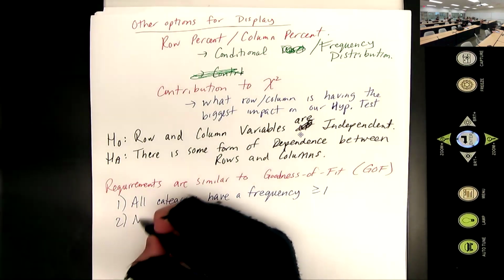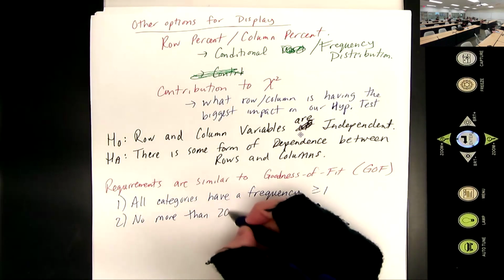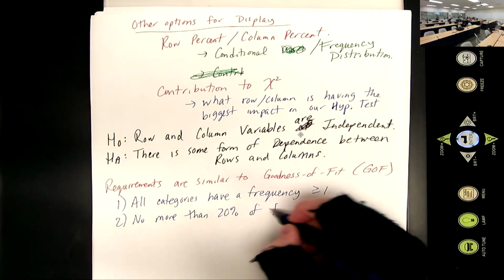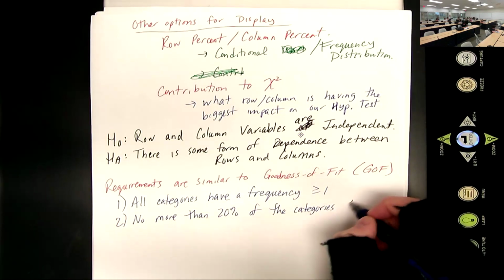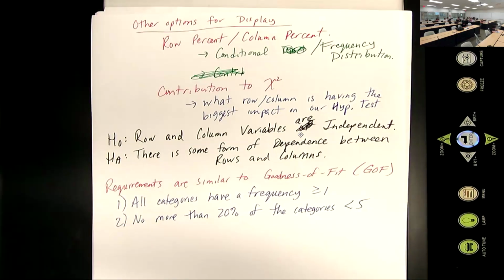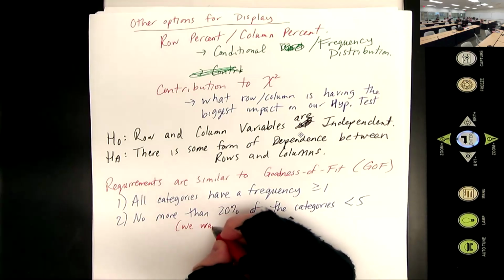No more than 20% of the categories are less than 5. So it's kind of like we want them all to be 5 or larger.